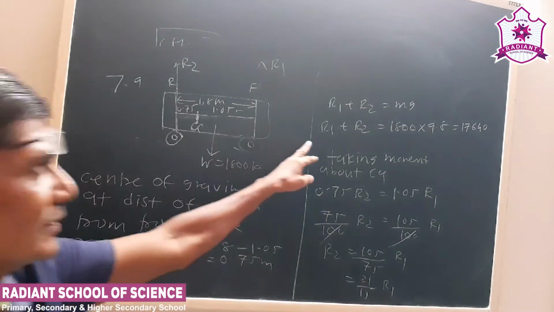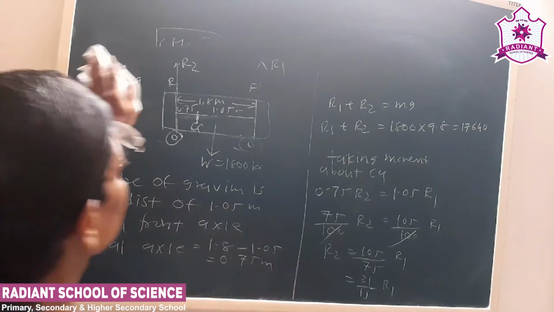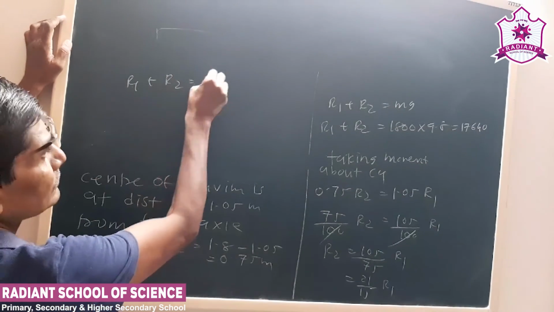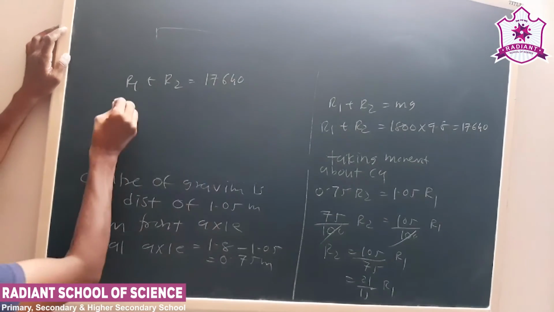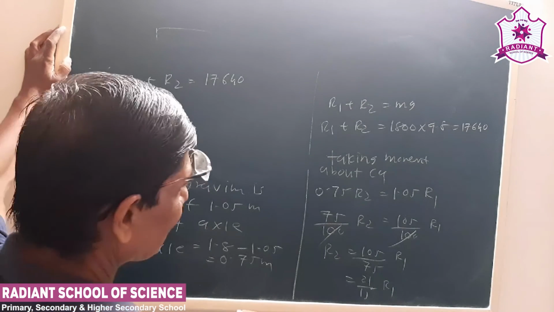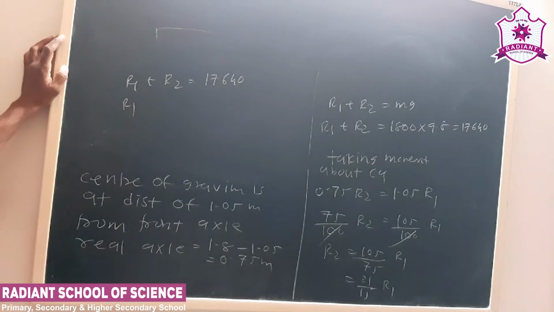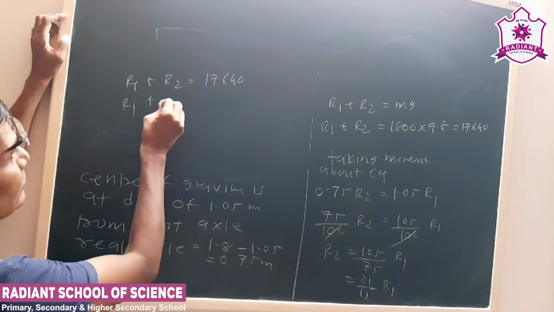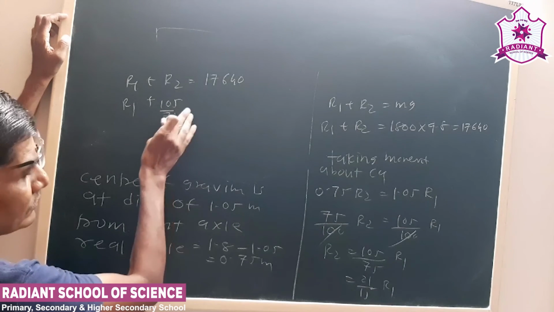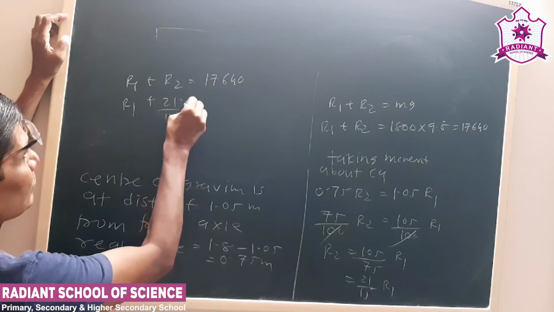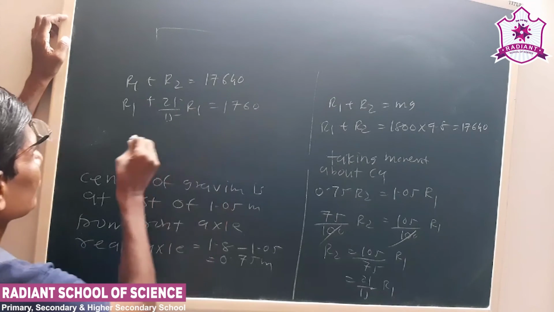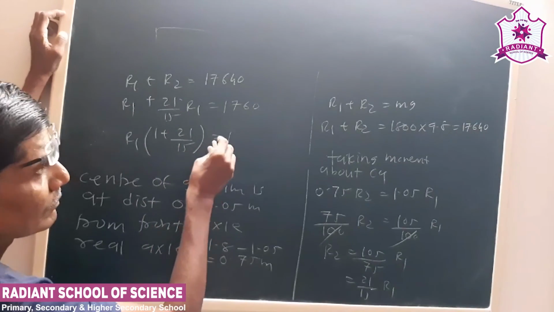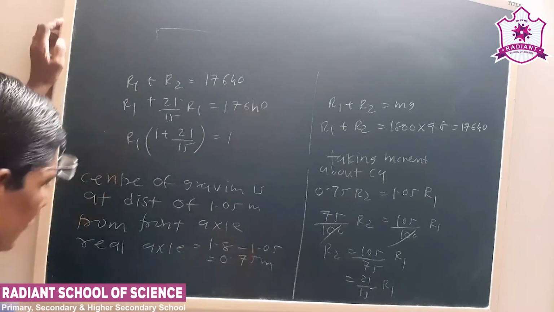Now see, our equation is there, R1 plus R2 is 17640 Newton. R1 is 21, R2 is, okay, R1 plus 21 R1 over 15.